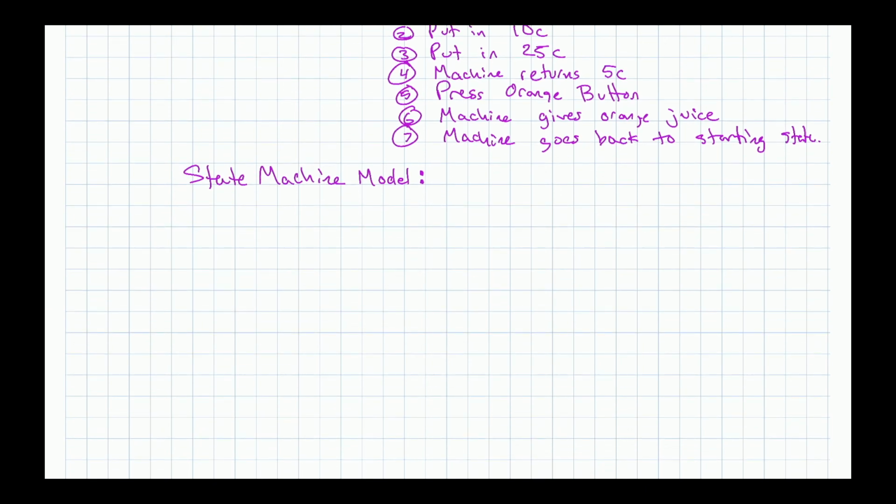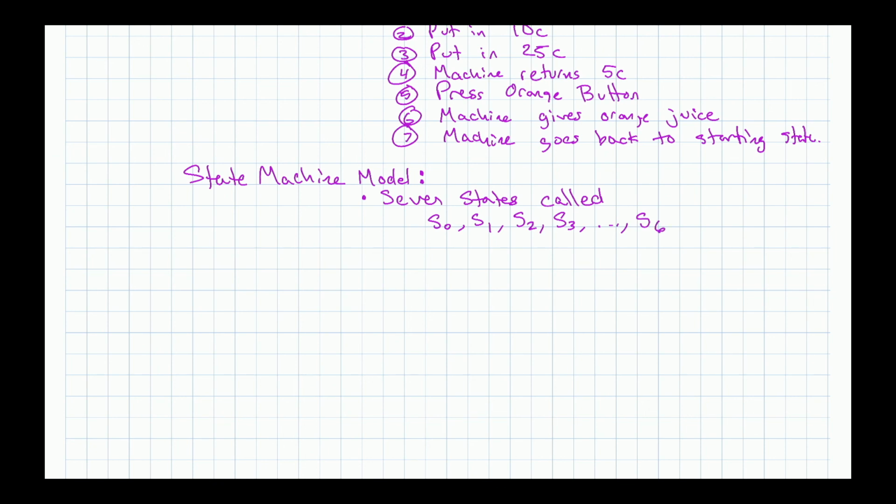In this case, I think we have 7 states. You can call them whatever you want, but normally we start at 0 and go up. So S0 for state 0, S1, S2, S3, and we're going to go up to S6.